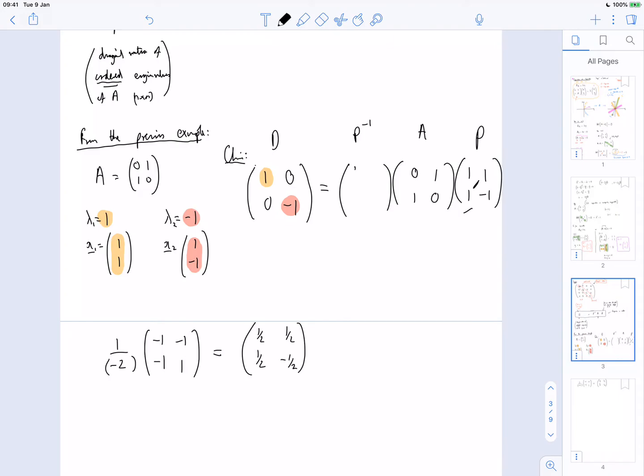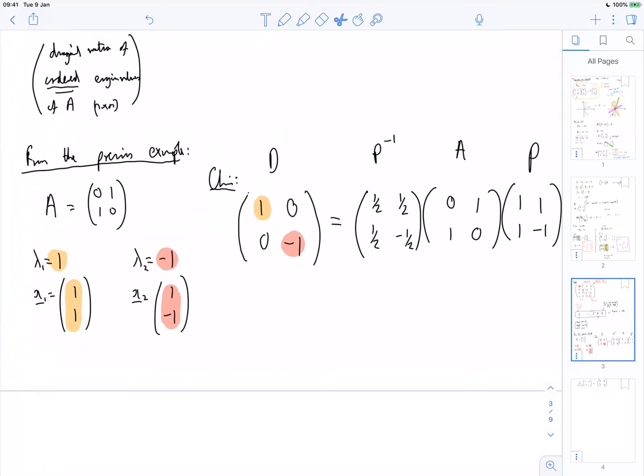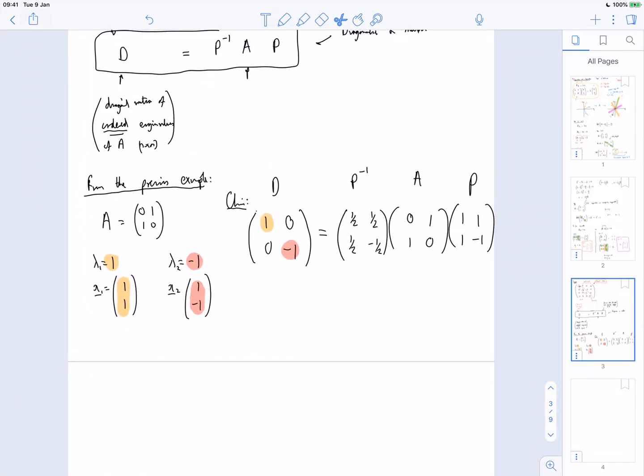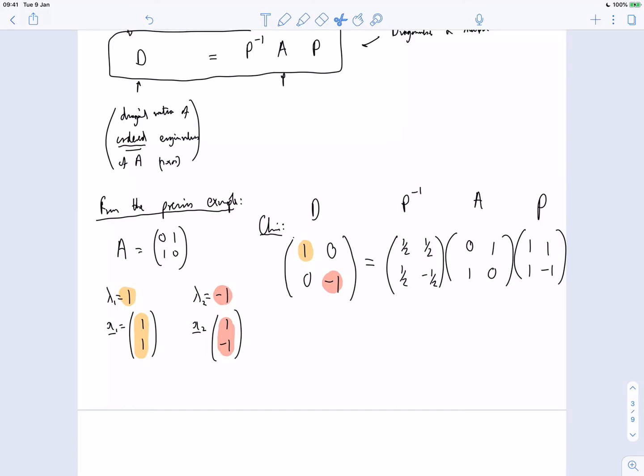So I'm claiming that if I multiply these three matrices on the right hand side, apparently it will equal the diagonalized form of 1, 0, 0, minus 1. Okay, I'll tell you what, let's just do that step by step.